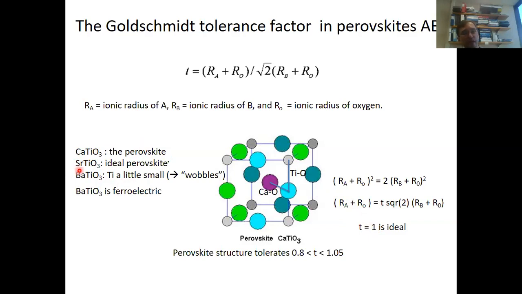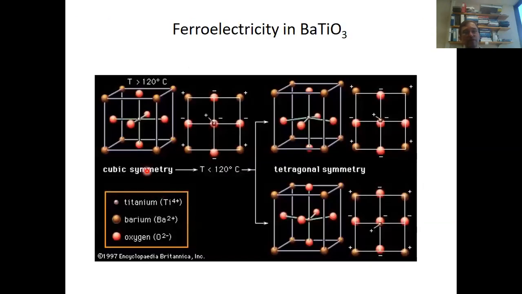For the barium, then, the titanium is a little bit too small and it starts to wobble, as I mentioned before. This gives rise to a property of barium titanate, which is ferroelectricity. So how can we understand this? Let's look at the barium titanate structure a little more closely.